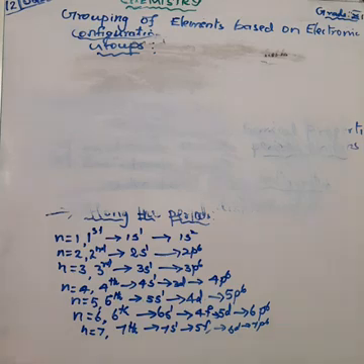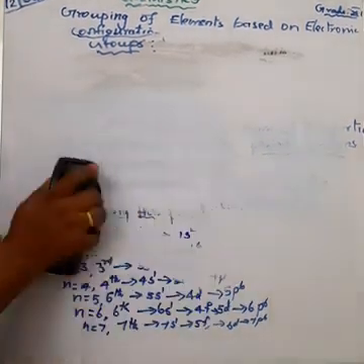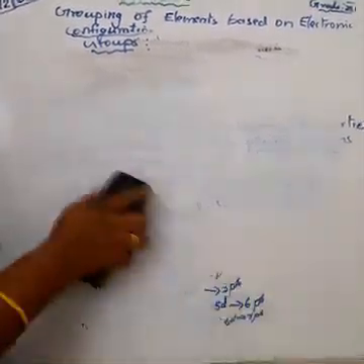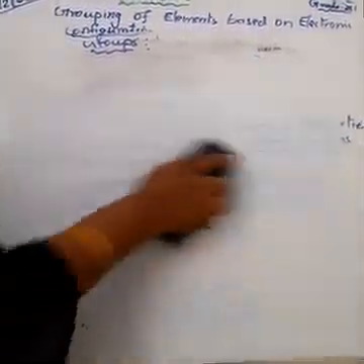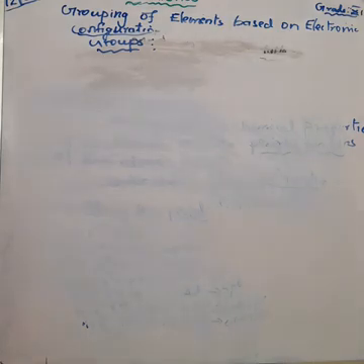You know there are 7 periods and 18 groups in the modern periodic table. Now we have studied the periods, we clearly learned the 7 periods. Now we are going to study the 18 groups.